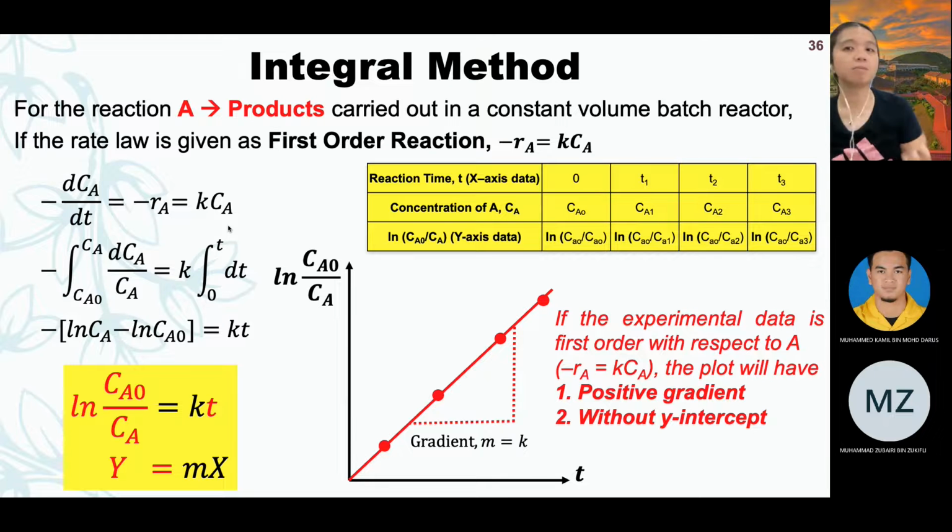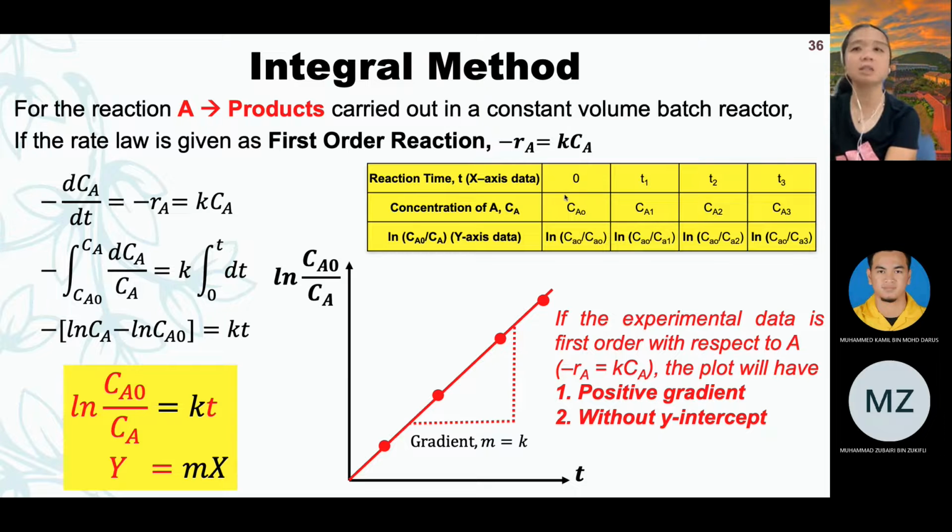And kita dapat dalam bentuk ln CA0 per CA equals to KT. So same concept, mana satu y, mana satu x. So kita boleh tengok data eksperimen kita CA dan time. Tetapi from the equation, your y-axis data paksi y mesti ln CA0 per CA.